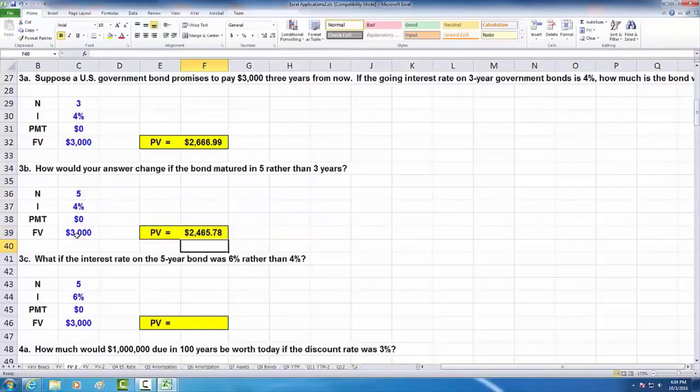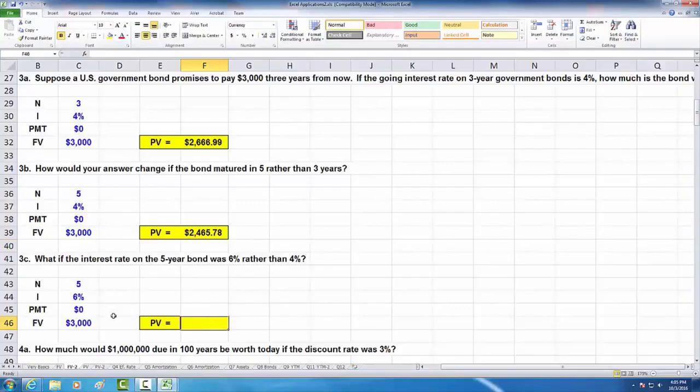Okay, here is the answer. So if the bond matures in 5 years rather than 3 years, the present value would be a little bit cheaper than that. So what if the interest rate on the 5-year bond was 6% rather than 4%?